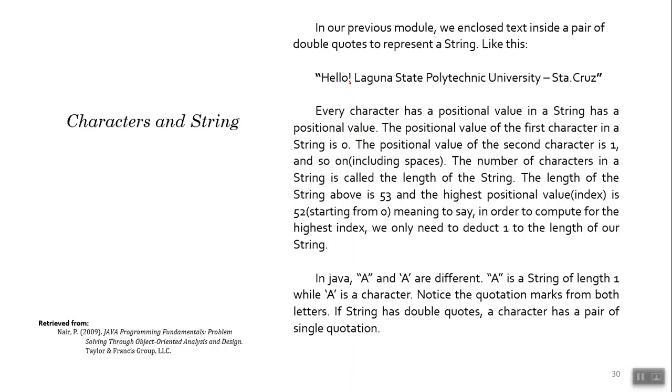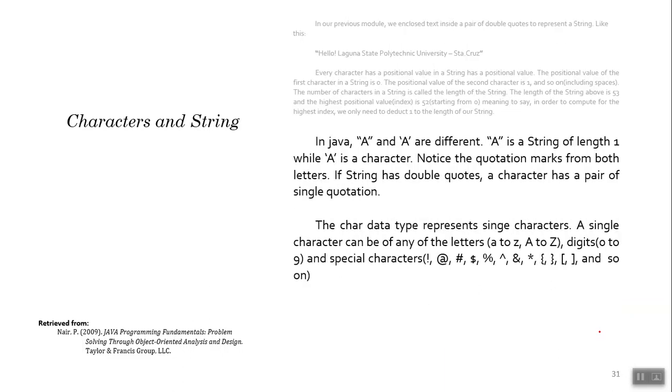In Java, A inside double quotes and A inside single quotes are different. Here, A with double quotes is a string of length 1, while A in single quotes is a character. Notice the quotation marks: a string has double quotes, and a character has a pair of single quotation marks. The character data type represents single characters.